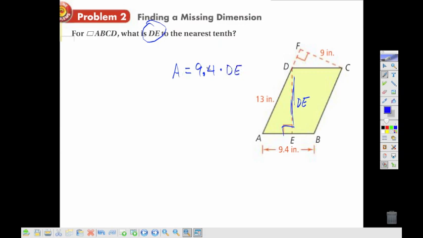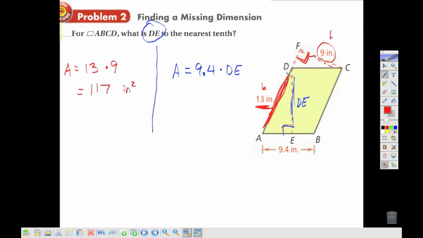The problem is I don't know what my area is, so I can't solve this as it is right now. What I'm going to do is I'm going to look at the other side that I have here. Notice that this perpendicular right here would tell me that this would be my height that would match with 13 as a base. So I could also think of my area as 13 times 9, which gives me 117 inches squared.